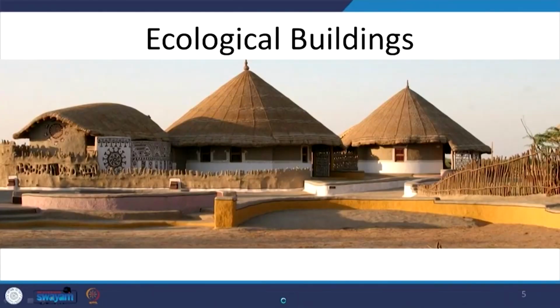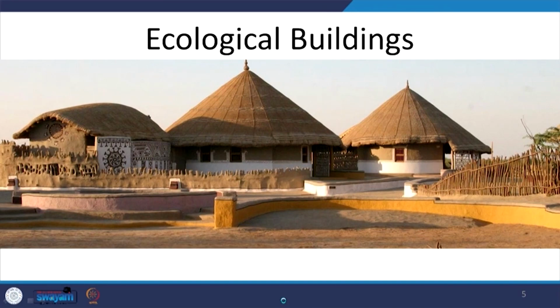So, that is the main aim of the building, to create a climate responsive and thermally comfortable environment indoors. So, this is a climate responsive building, while this one is actually an ecological building. Now, this entire building, this entire setup merges with the surroundings.